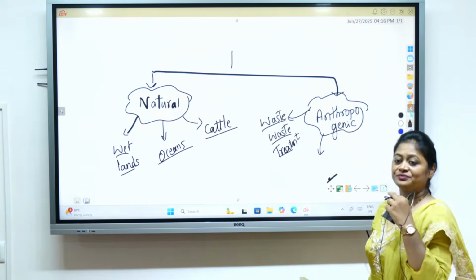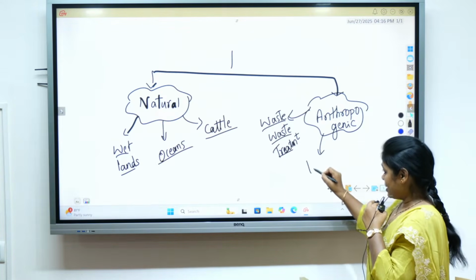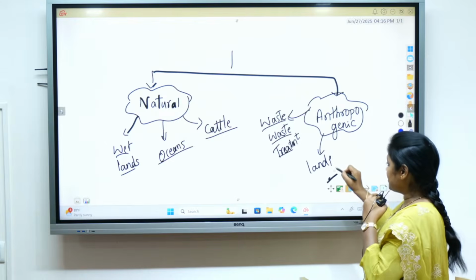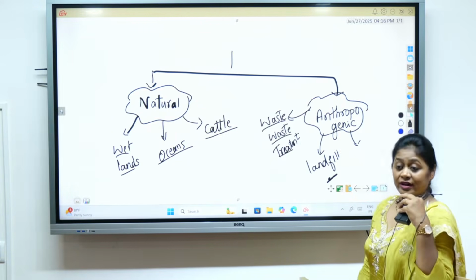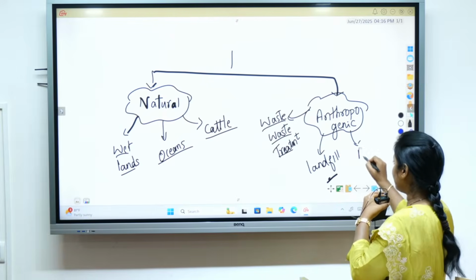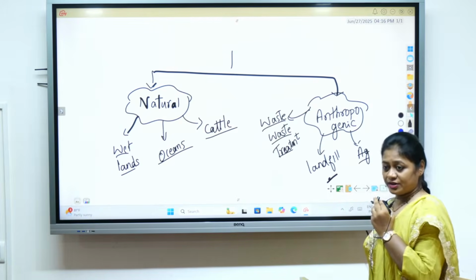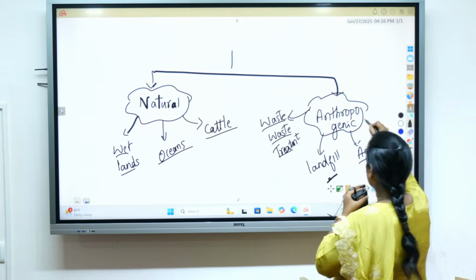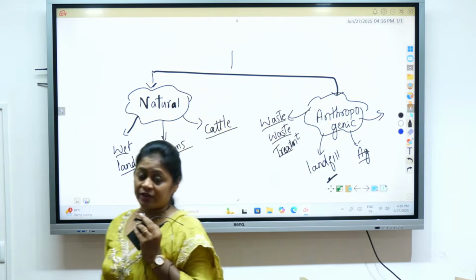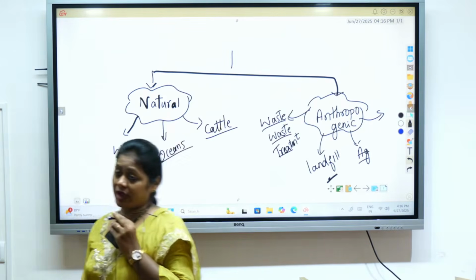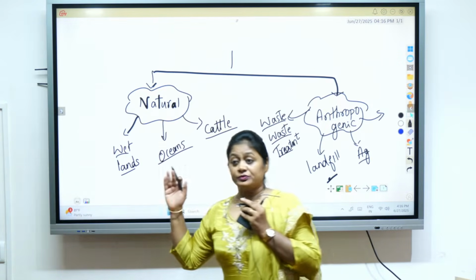The second one, landfills. More than 40% of methane is released from agricultural sources, isn't it? So there are many more sources where methane gets released into the atmosphere and acts as a greenhouse gas.